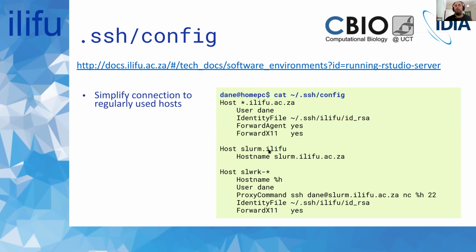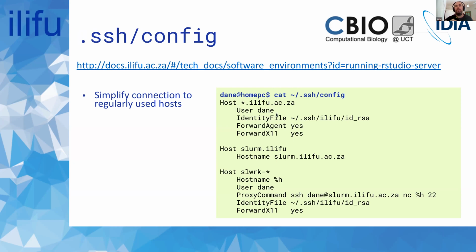And when I want to connect to the slurm cluster, I simply say ssh slurm.ilifu, and then it connects for me, and it works in a hierarchical way because it sees that it's got slurm.ilifu.ac.za there, and then it looks at this above config and matches that pattern over there.